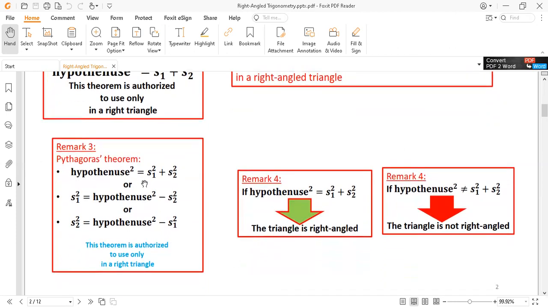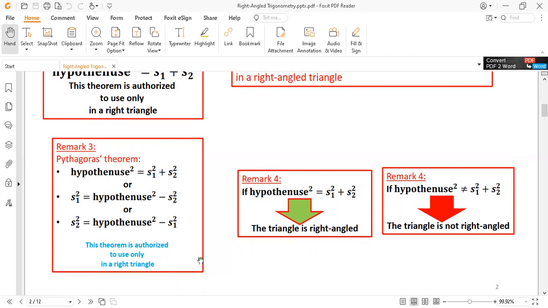The Pythagorean theorem can be written as three different expressions: hypotenuse squared equals the sum of the other sides squared, or one side squared equals the hypotenuse squared minus the other side squared, or the other one squared equals the hypotenuse squared minus the remaining one squared.